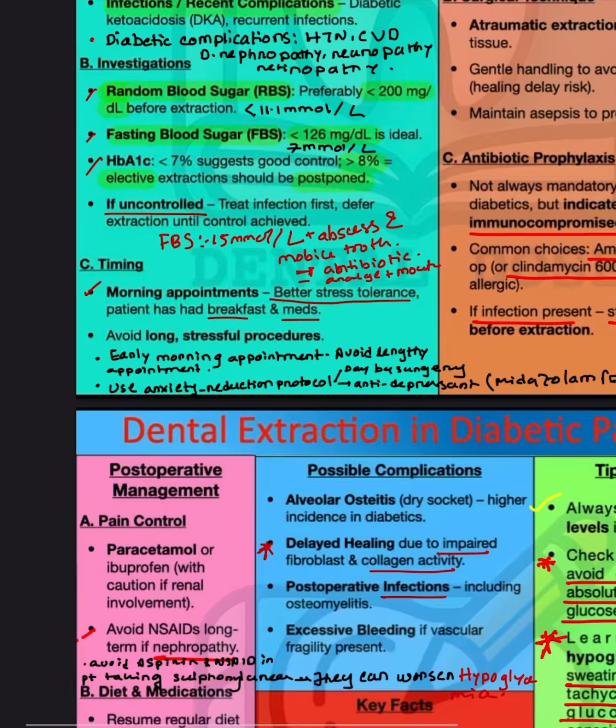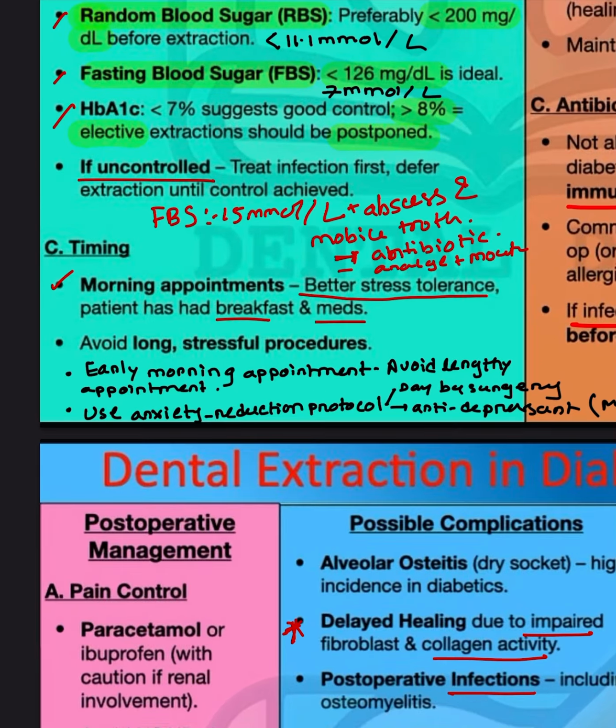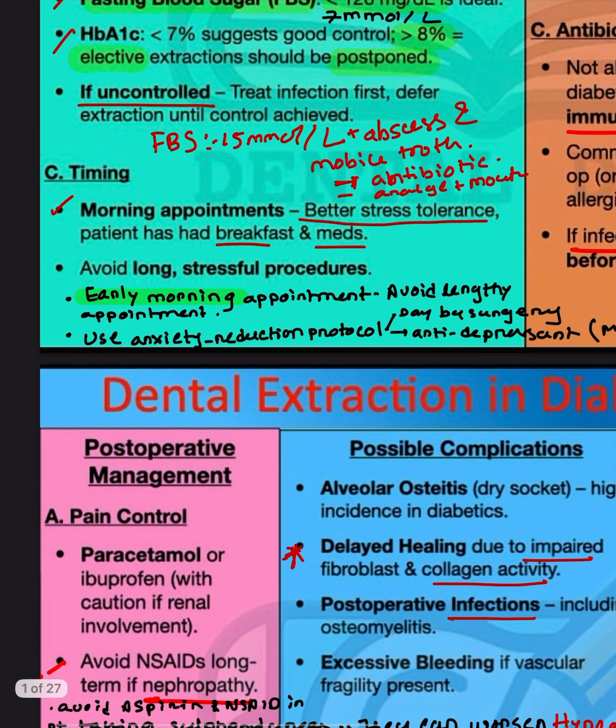Regarding the timing, it is better to give a morning appointment. So an early morning appointment should be given to the patient. The length of the treatment should not be very long, so we have to avoid lengthy procedures. And anxiety control should be done. No stressful procedure.